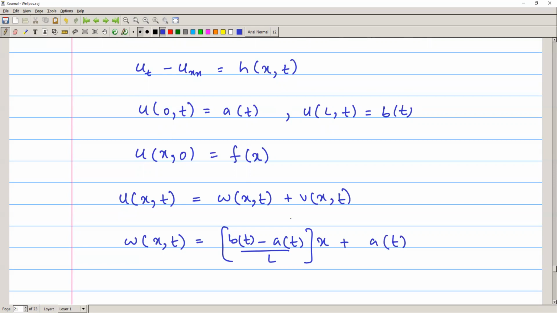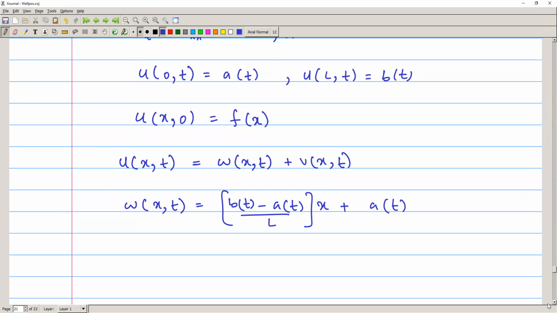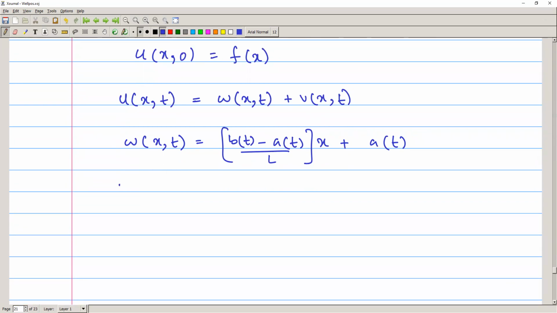So we already know that we can find the solution using this equation. And then for v(x,t), if w(x,t) is found, then we can use this equation to find v.